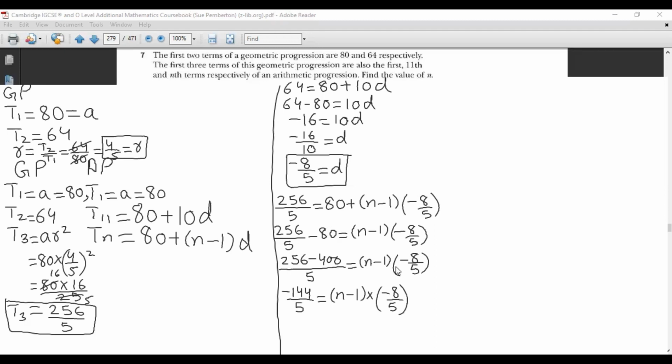When I simplify, 256 minus 400 will be minus 144 over 5 equals n minus 1 into minus 8 over 5. The 5 in the denominator shifts over, and the minus 8 in the numerator is shifted over, so minus 144 over 5 into minus 8. 5 and 5 get cancelled.